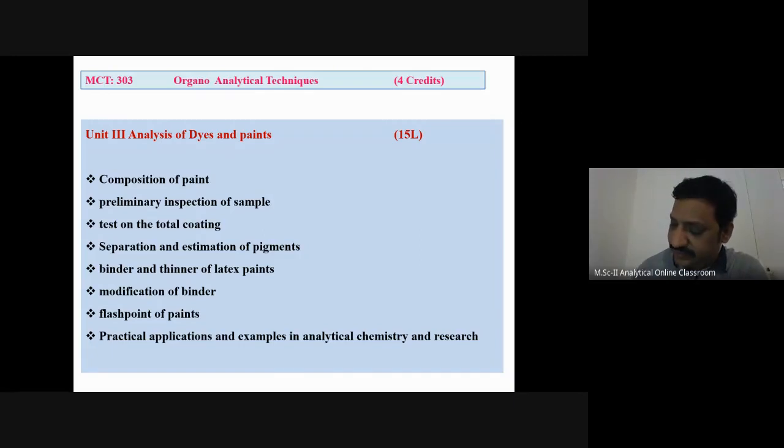Question 5: explain in detail natural pigments.